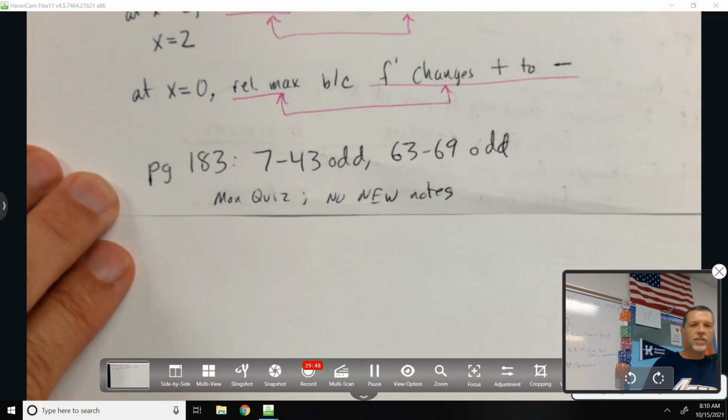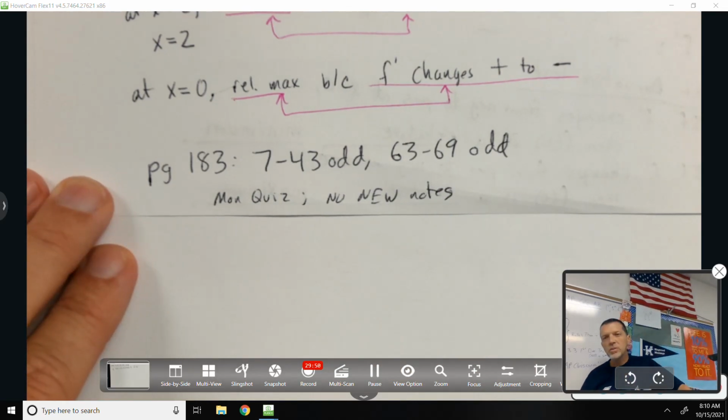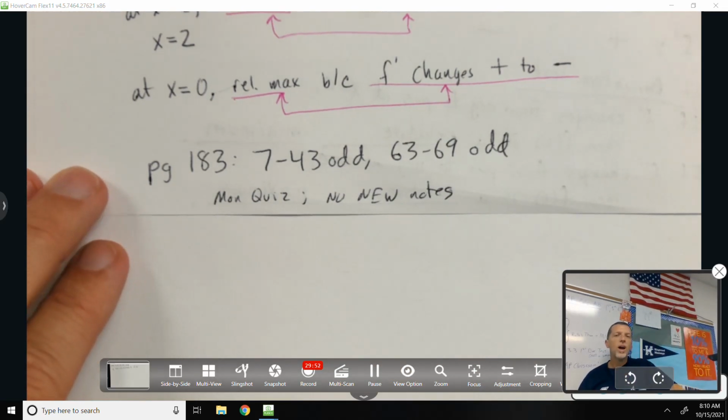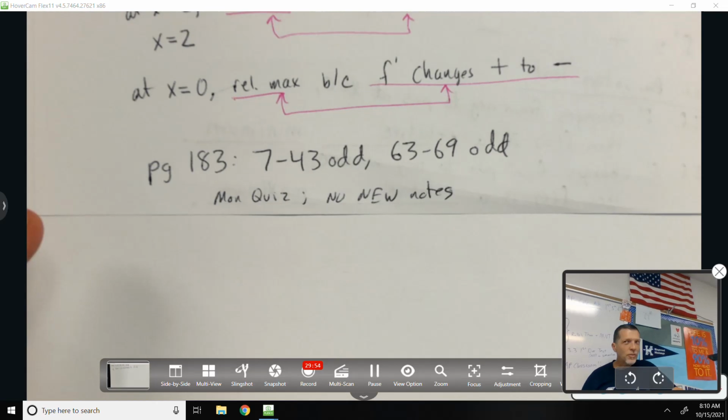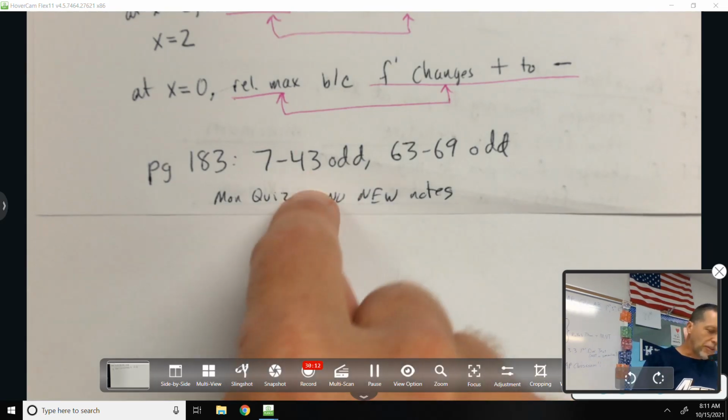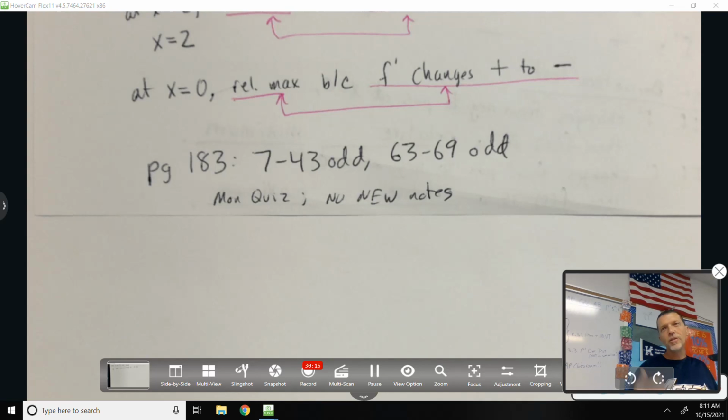So it's kind of a catch-up day, work some problems day. So do some of them before Monday, but you're not getting any additional homework on Monday. So if you only want to do half of them and save half for Monday, that's fine. Although it's the weekend, so you could knock them all out and then not have any calculus homework Monday. I leave it for you to manage your time as best for your situation, but I would definitely do some before Monday. That way, when we're going over them, you understand if you got it or if you don't got it.